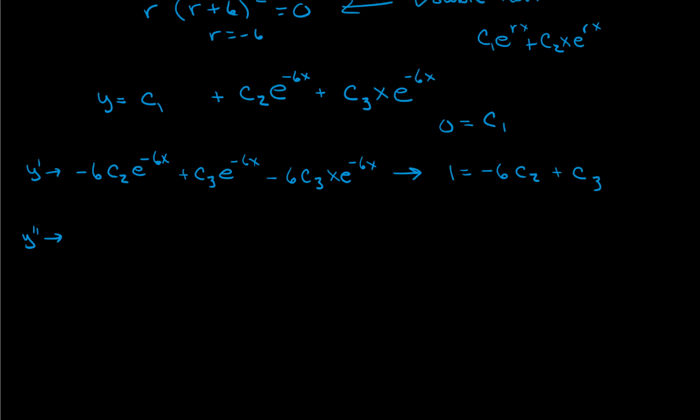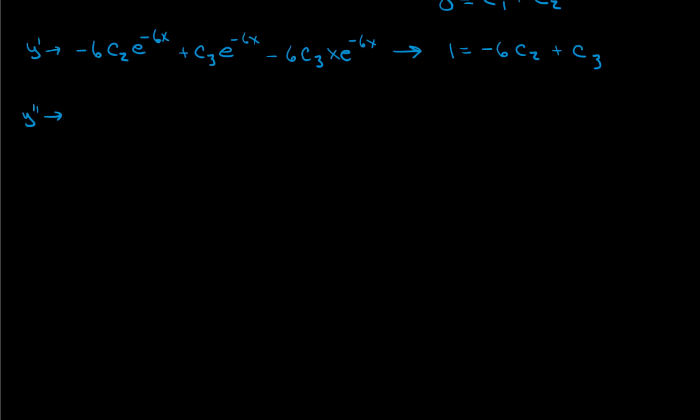I'm going to have C1 plus C2. Now when I plug in the x value here, this is all gone, because you have x times e to the negative 6x, but that x is a 0, so that's cleaned up.